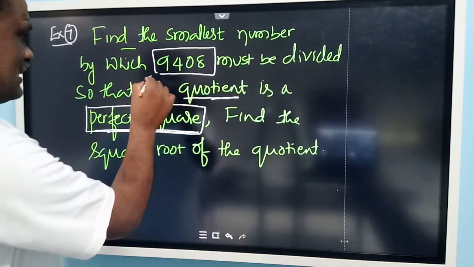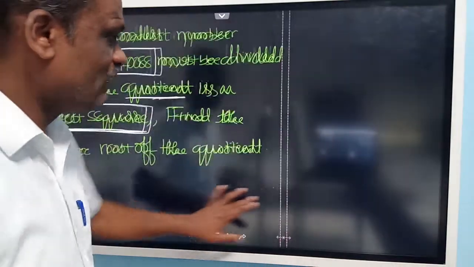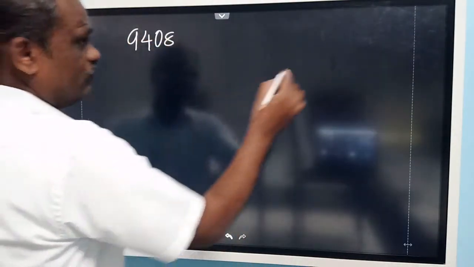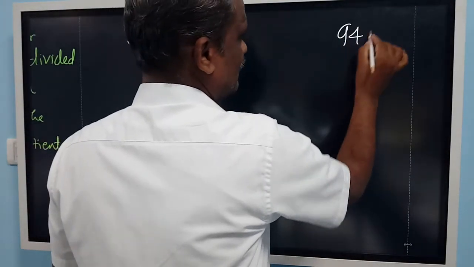Before that, let us factorize this 9408. Let us do the prime factorization.